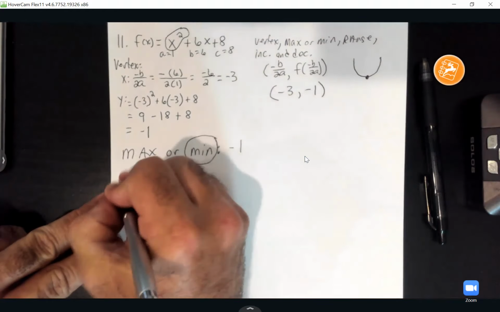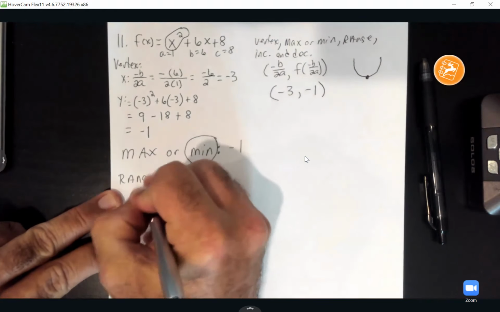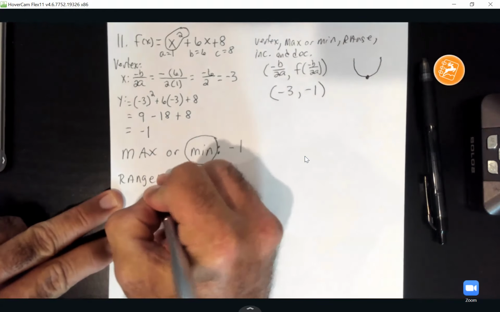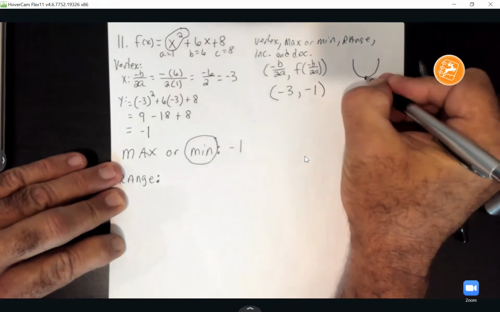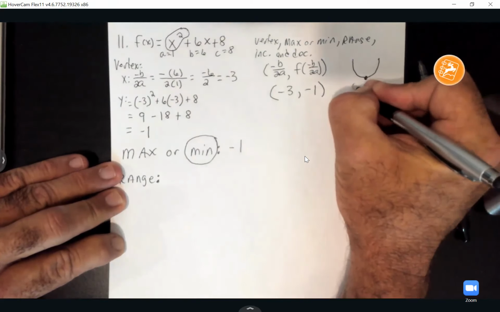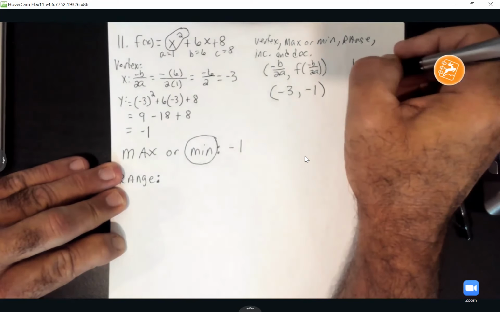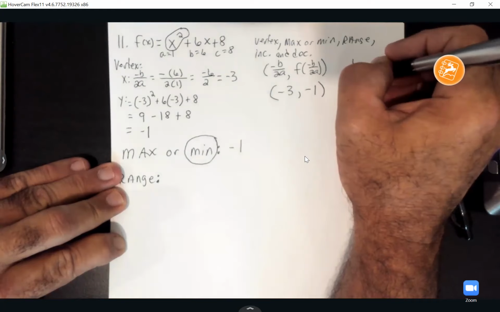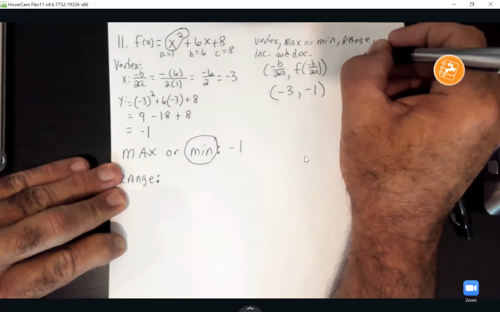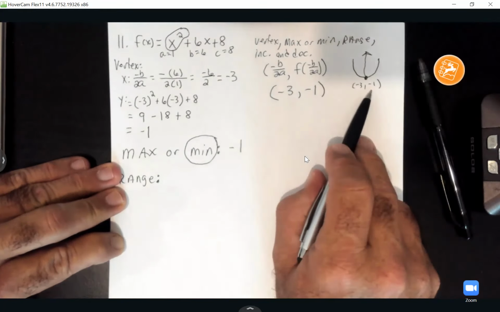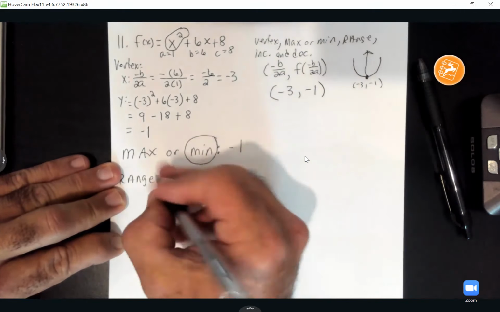All right, the range. Remember, if this is my vertex and it's negative 3, negative 1, my range starts from the smallest y value and goes upward. My smallest y value is a negative 1.